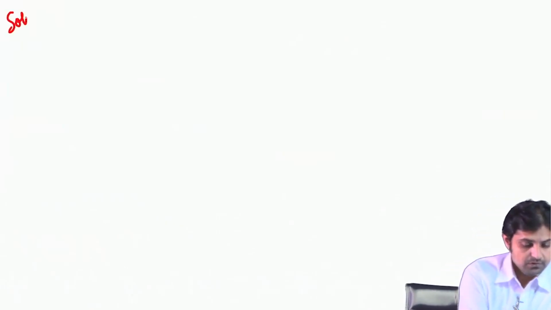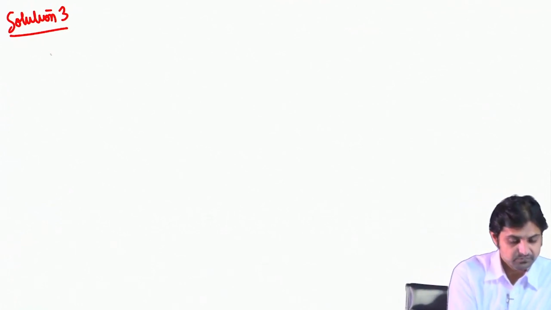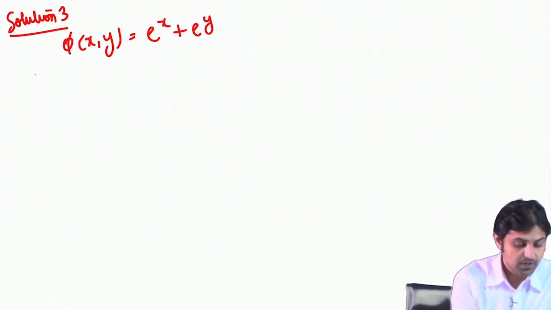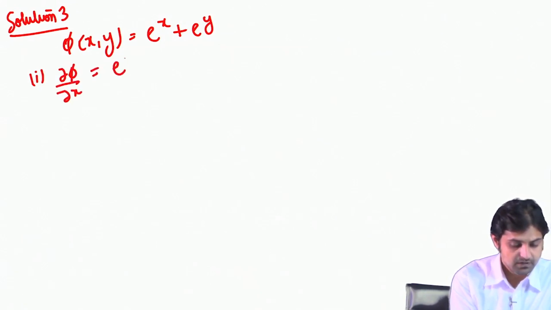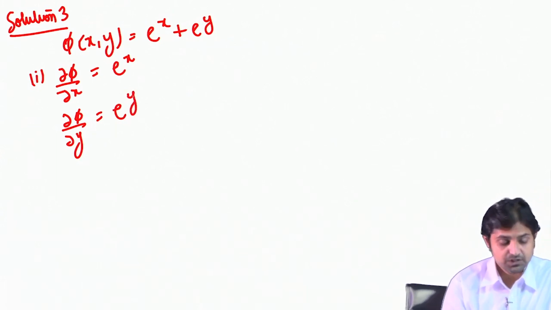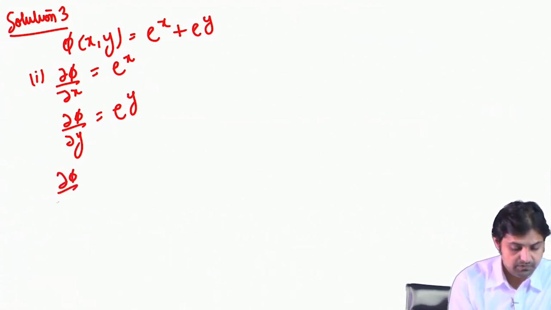So solution number 3. What we know is that the function phi x comma y has been given as e to the power x plus e to the power y. So for the first part, we should be able to calculate del phi del x will be e to the power x, correct, and del phi del y is going to be e to the power y, simple partial differential. Okay, so we have to calculate del phi del x at 1 comma 1.